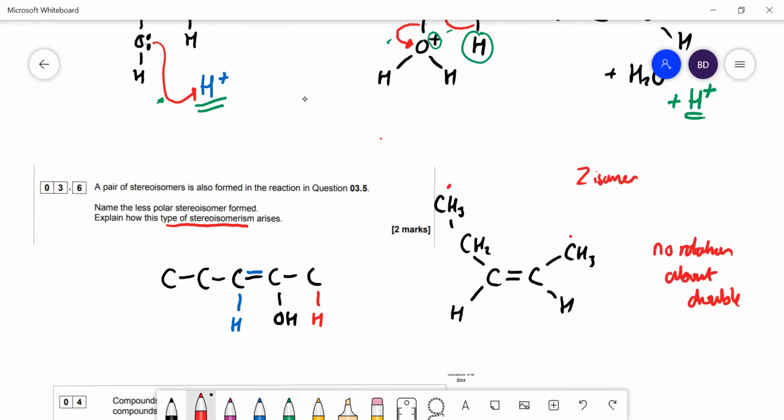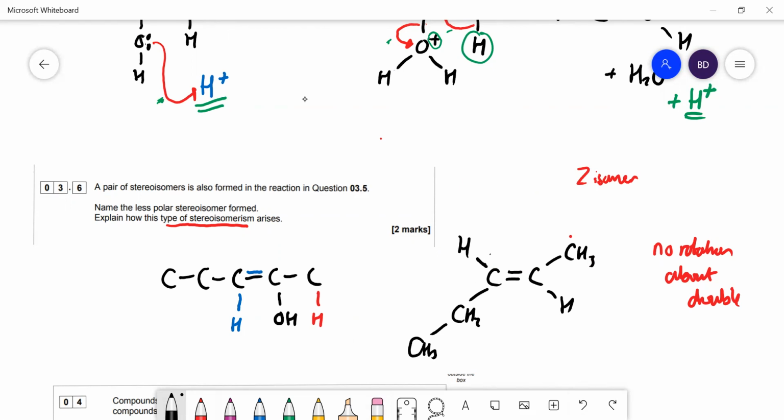That is actually more polar because you've got all this negative charge on that side of the molecule. That's more polar than the E form. So if I draw the E form, I'll just swap it around. You've got a more even distribution of the electrons in the molecule. You haven't got it all on one side.